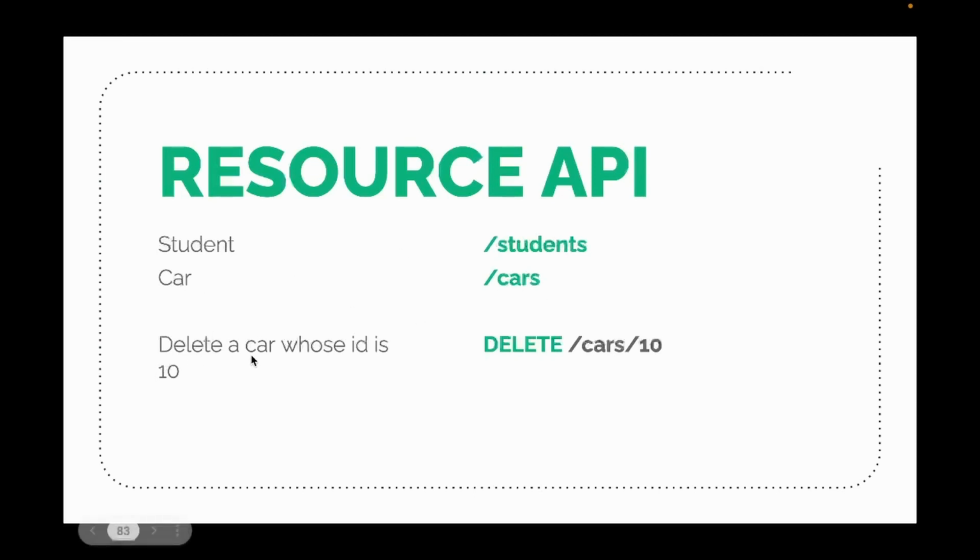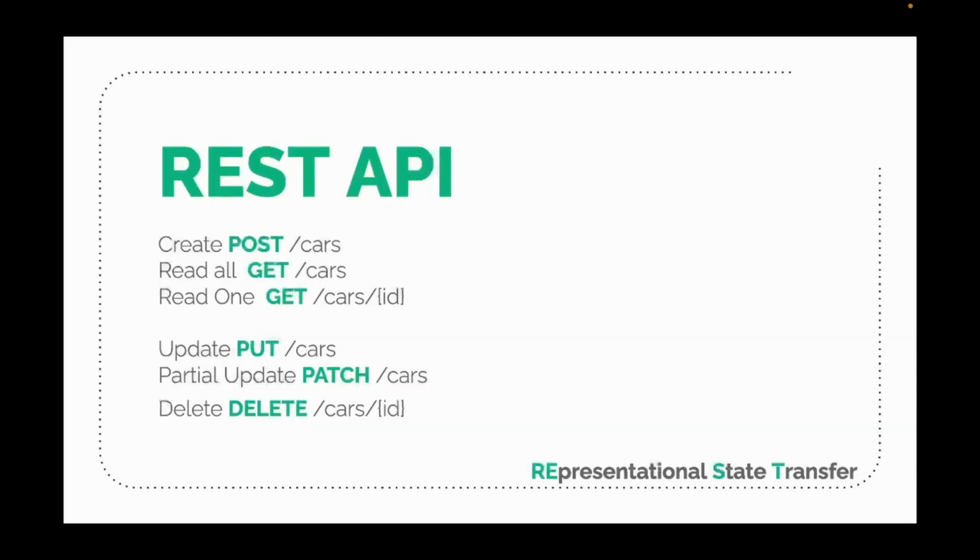If we want to delete a car whose ID is 10, we'll hit this URL with the delete keyword, /cars and /10. Now this is the payload, the data which is on top of the bus. So we are sending this information within the URL.